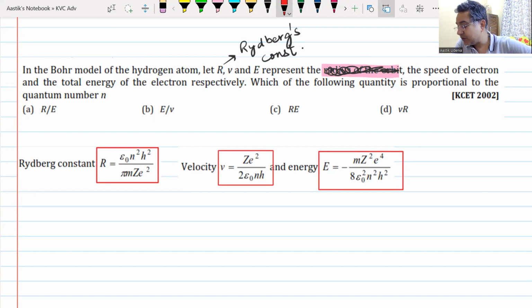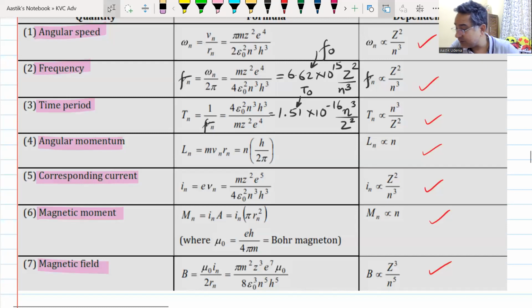But if you can remember the table that I gave you, you remember what is proportional to what: Z square n cube, Z square n, Z by n. From there you can see which factors are going to cancel. You forget about the constant terms. You just have to look at what is proportional to Z and in terms of n.